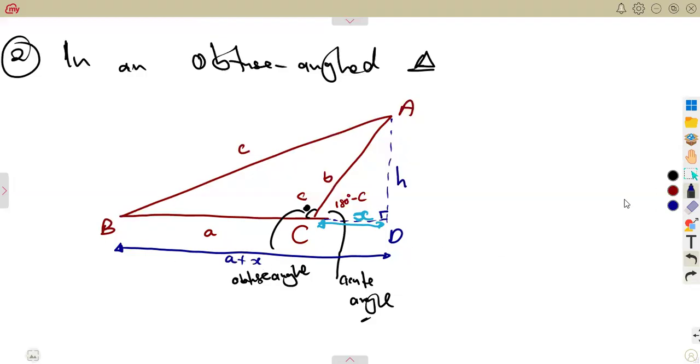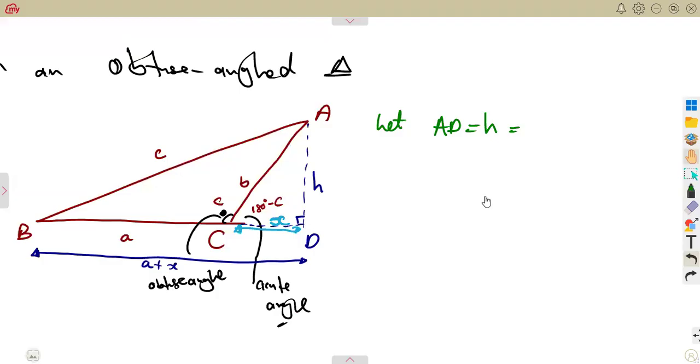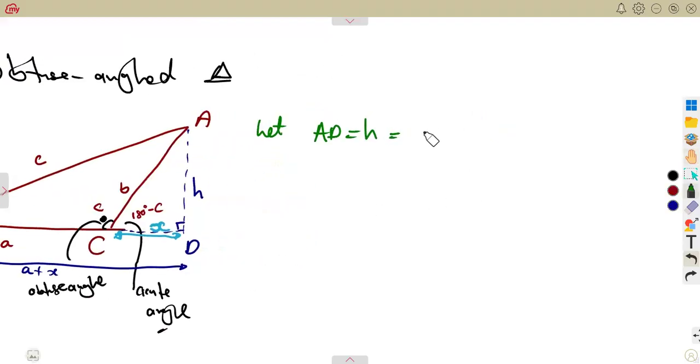So there are a lot of things that we introduced here. So let us just write them. We let H be the height. So that is what we had in this case from AD. So AD is equal to H, which is the perpendicular height of triangle ABC, with BC as the base.